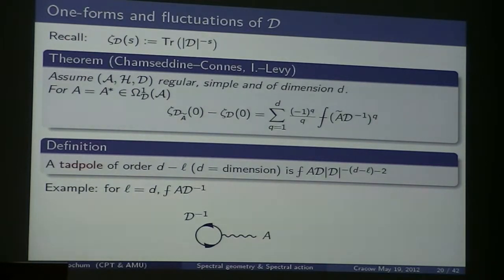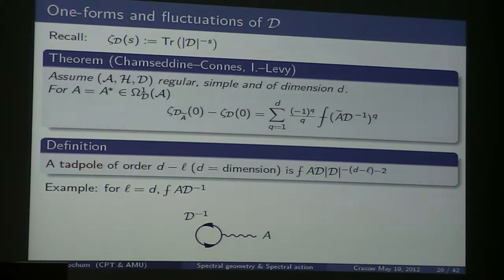And this non-commutative integral, if you look at it, is something usual in quantum field theory. Namely, you can define a tadpole of a certain order. D is a dimension, so D minus some integer, as in this strange definition.